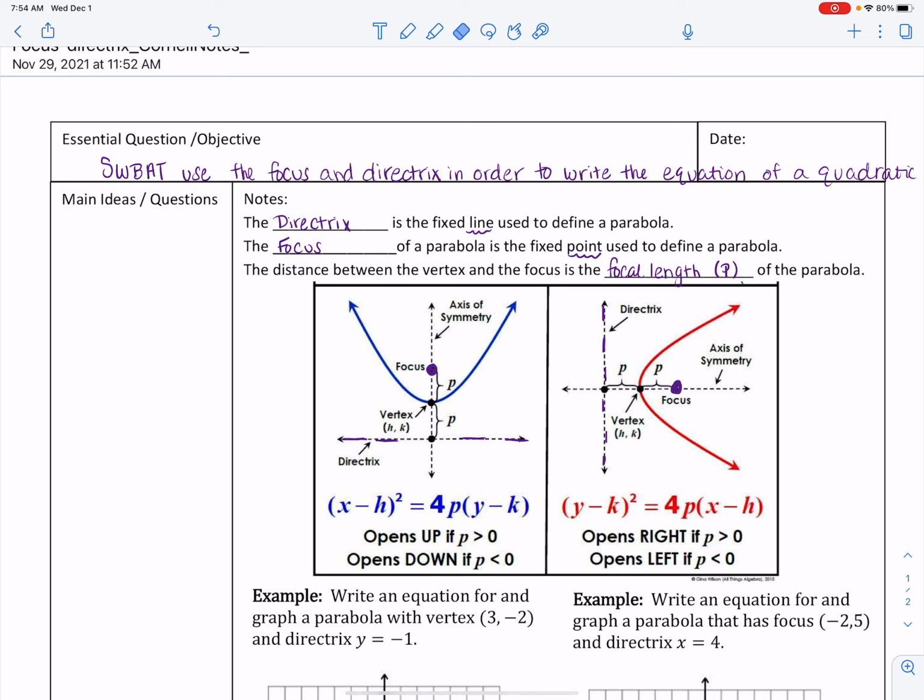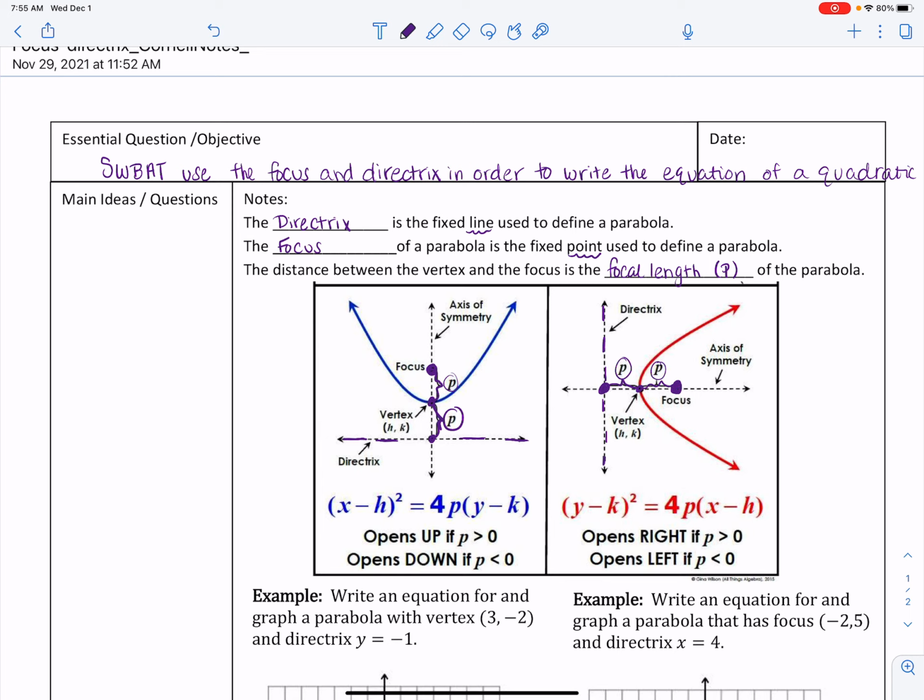So this spot here, from the directrix to the vertex is P, but so is from the vertex to the focus is P. So you've got your P value if you know where the vertex or the focus or the directrix is. Same thing if your graph opens the other direction. From the directrix to the vertex is P, but you could also find that value going from the vertex to the focus.